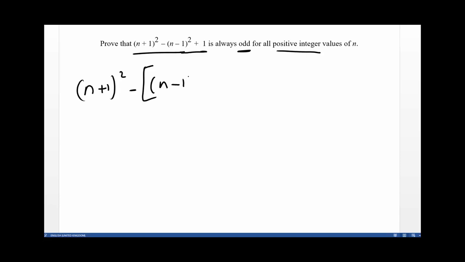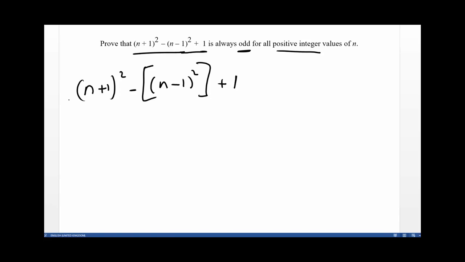The reason being is because this negative term here is going to change the signs of all the terms inside this bracket. So it's just good, neat mathematics to do it properly. Okay, so this is our expression here.